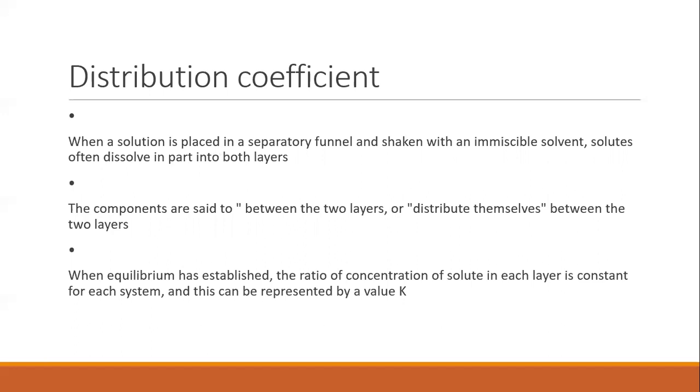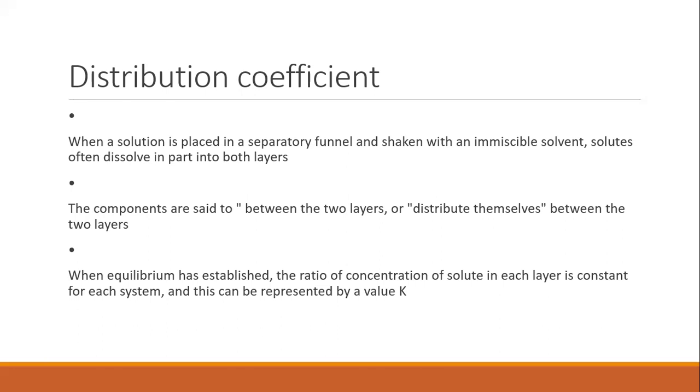Okay, now I'll explain distribution coefficient a little to have a clearer idea of the basics of liquid-liquid extraction. When a solution is placed in a separatory funnel and shaken with an immiscible solvent, solutes often dissolve in part into both layers. The components are said to distribute themselves between the two layers.